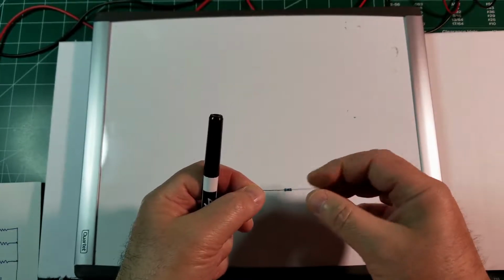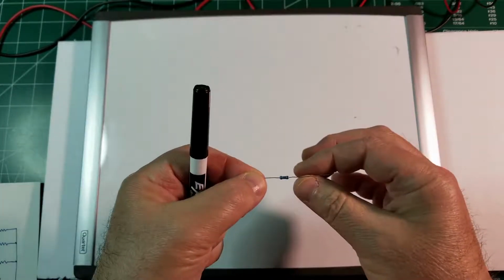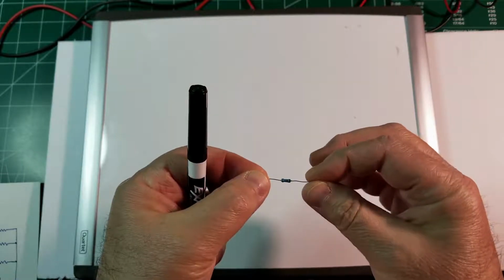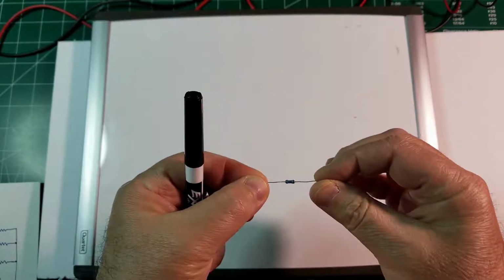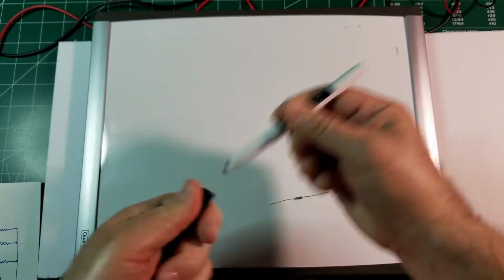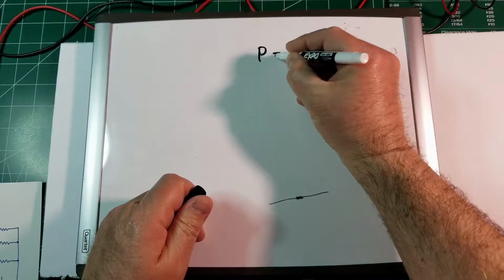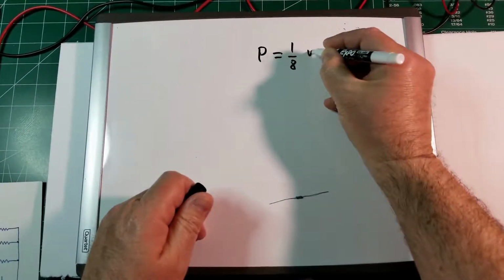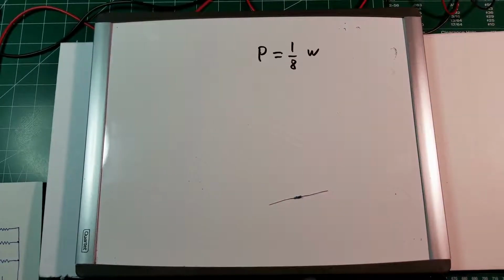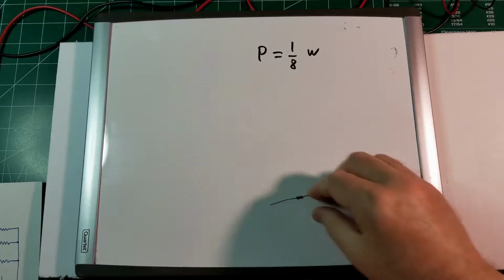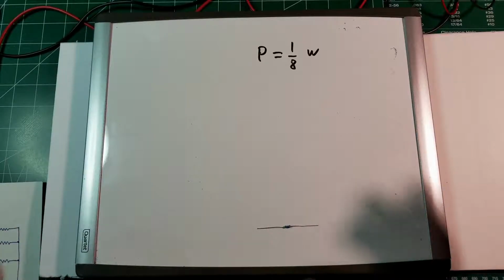The other thing about resistors is the power. I already said that this resistor has a power rating of 1/8 of a watt, like this. P equals 1/8 of a watt. There are resistors that have 1/4 of a watt, half watt, 1 watt, 5, 10 watts, depending on the kind of application, how much current goes through the resistor.